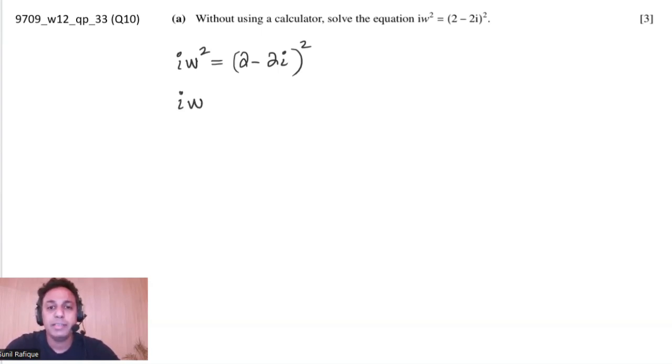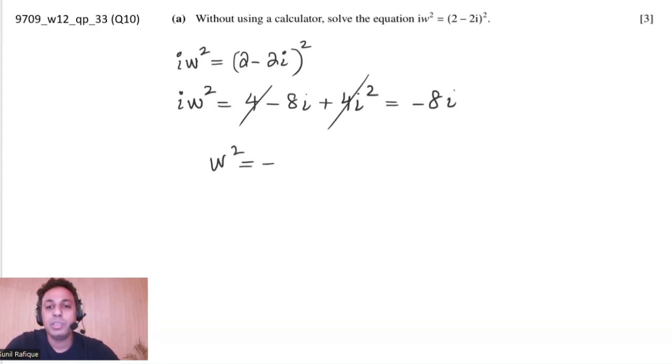Let's expand the right-hand side and see what we get. It's going to be 4 minus 8i and plus 4i squared. So this cancels with this, so I'm left with a negative 8i. Now divide both sides by i and you're just left with this. Now you cannot square root a negative real number, but this, remember, is a complex number, so I can definitely square root it.